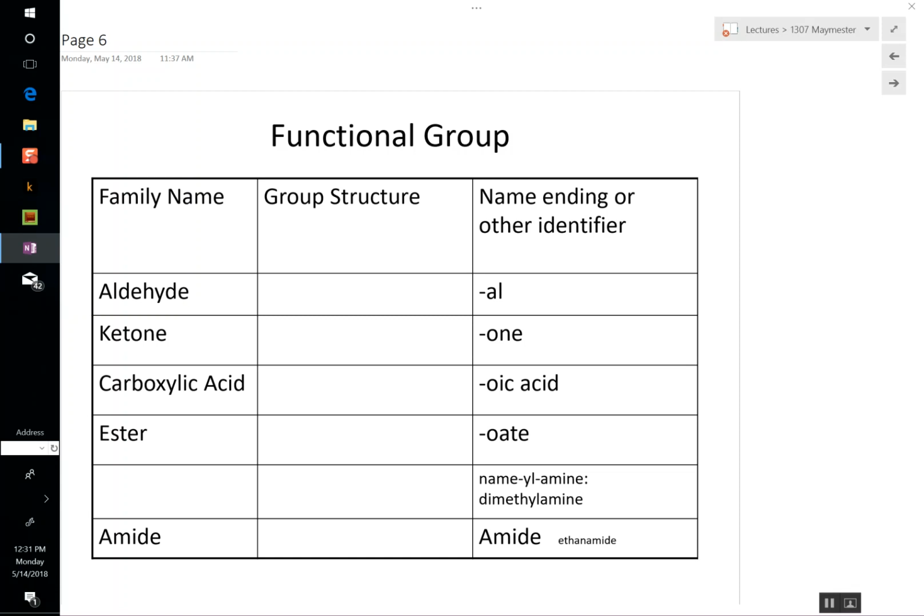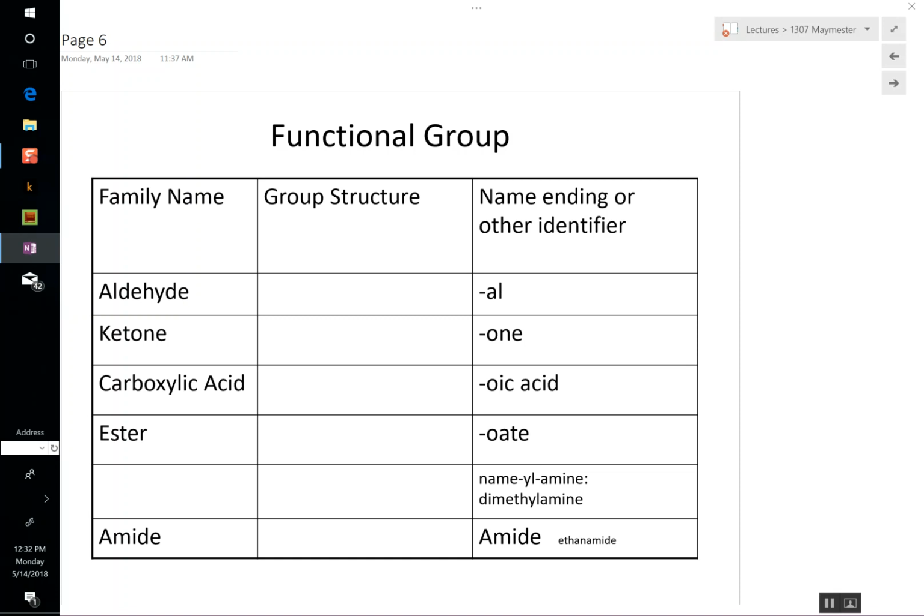We take the one of ketones and use that there. The reason these are both in the same chapter is they both have a carbon-oxygen double bond. But in an aldehyde, the carbon-oxygen double bond is on the end of the molecule, and in a ketone it's in the middle somewhere.